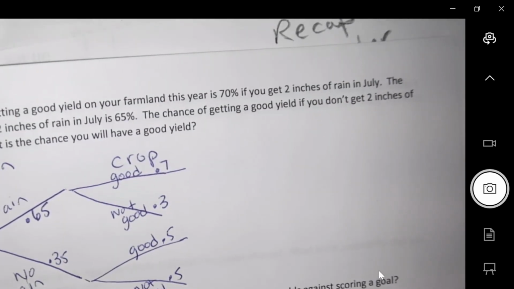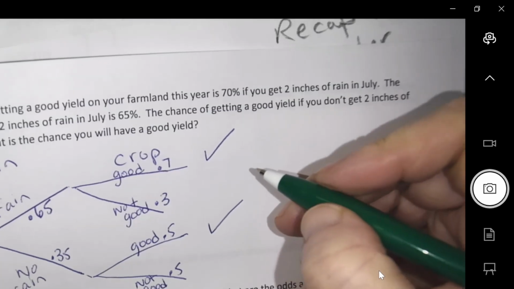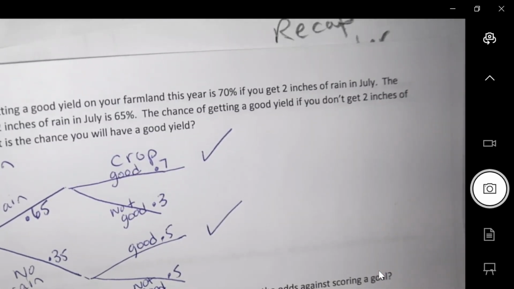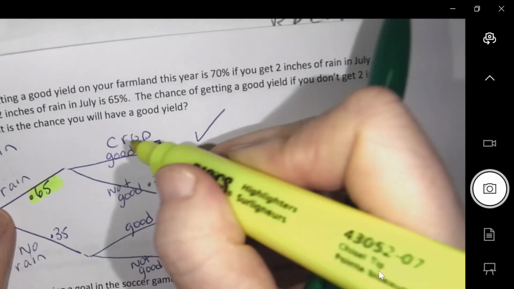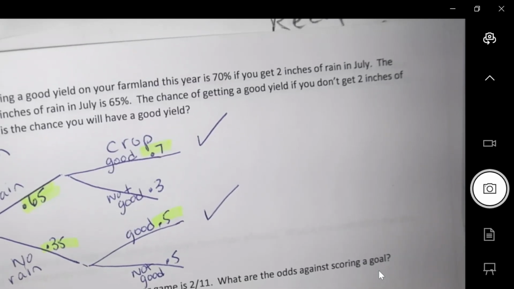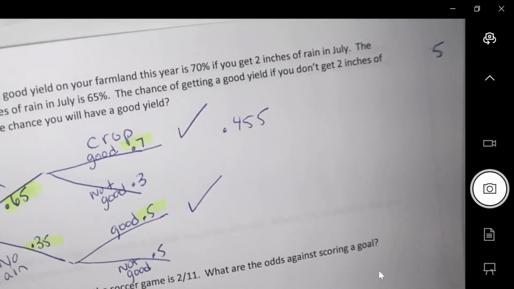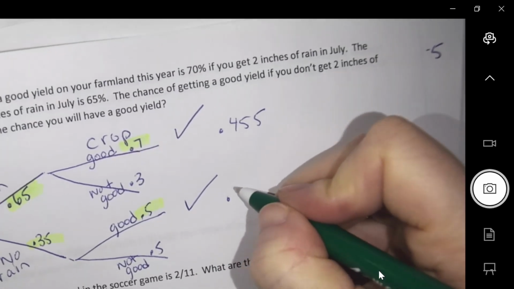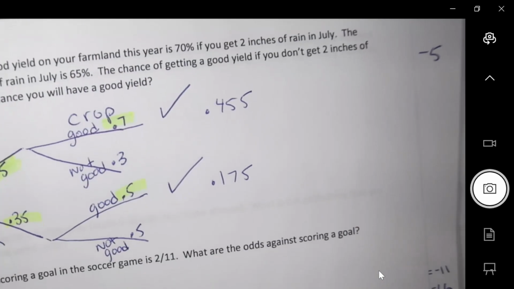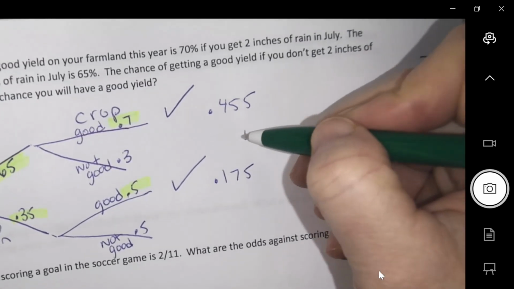So what's the chance that you'll end up with a good yield? So you need to add this one and this one. So timesing those. So that's a times. And then it's this or this.